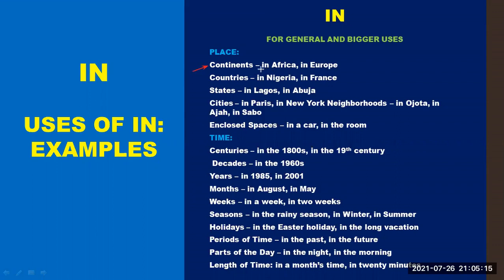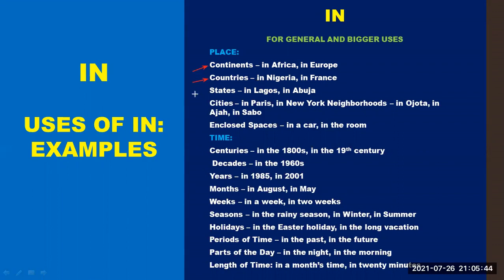So you say in Africa, in Europe, in America, in Asia, and so on and so forth. Then in terms of countries, in Nigeria, in France, in UK, in whichever country you have in mind, you need the preposition in.